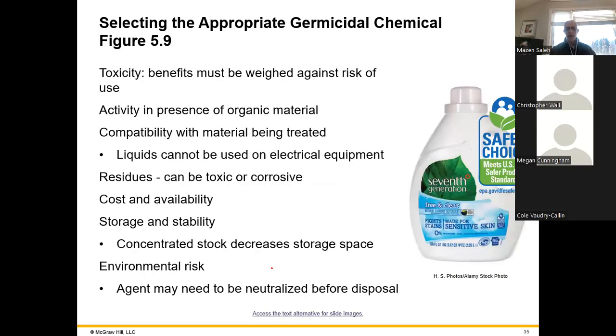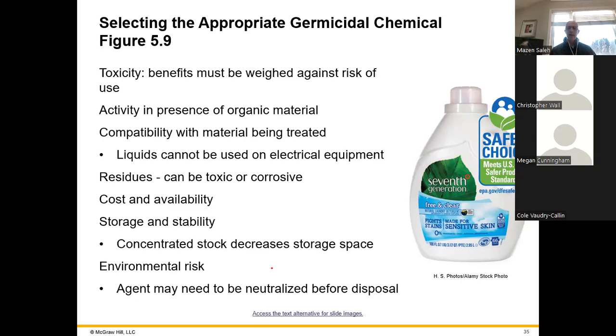Now, selecting the appropriate germicidal chemical, of course, here again, you need to take into consideration certain factors. The toxicity level must be weighed against the risk of the use, activity in the presence of organic material. Again, because it's a chemical, just like in the case of chlorine.